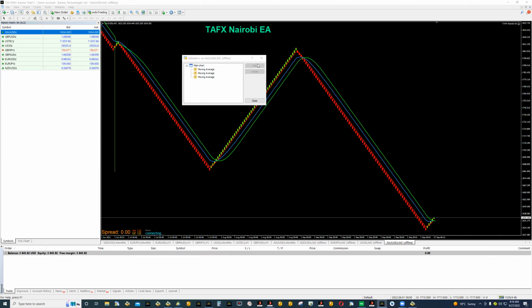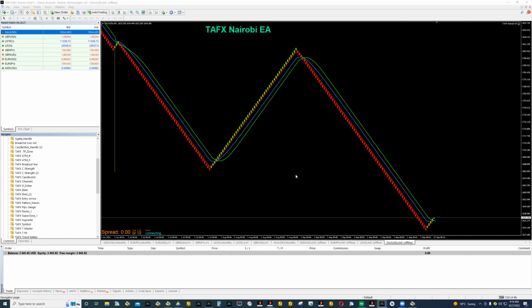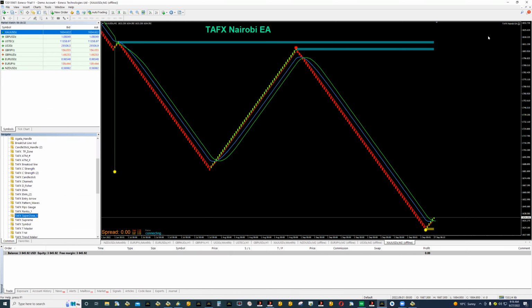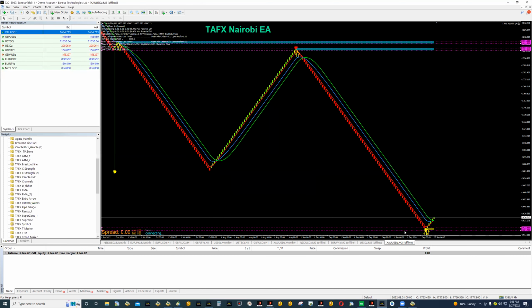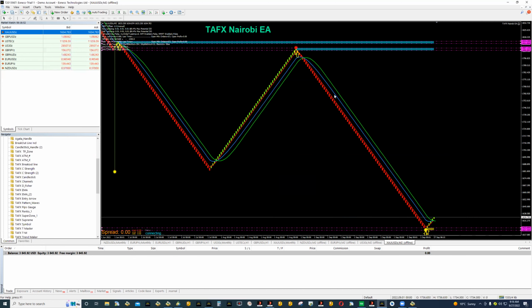After deleting the Agatha, attach the Superzone 1 and click OK. So that means now you'll be working with the Superzone, because that is what you have set here as an indicator. And guys, if you change from Agatha to Superzone, make sure that the EA also matches what you have set in your template here.